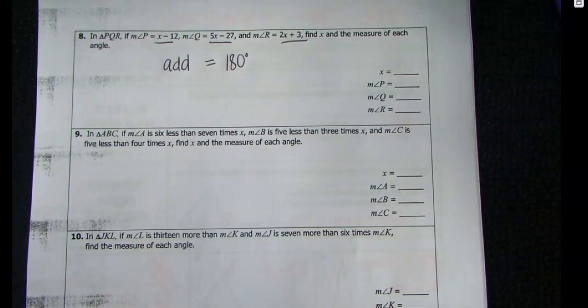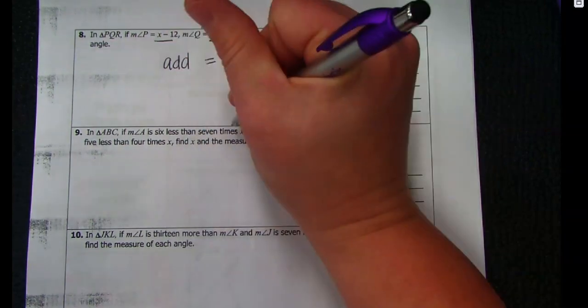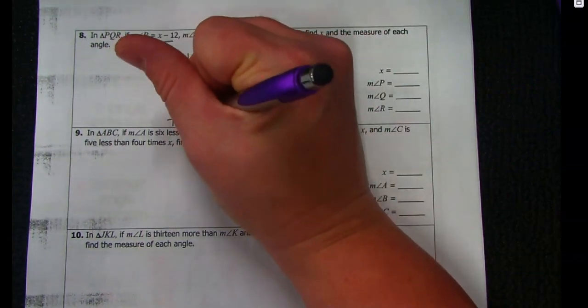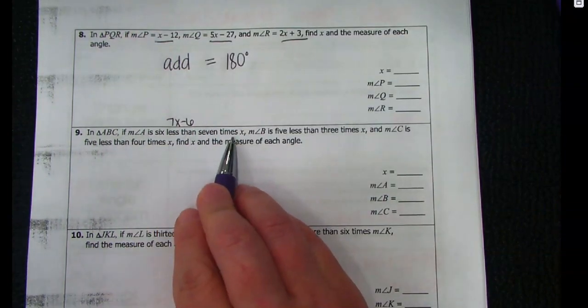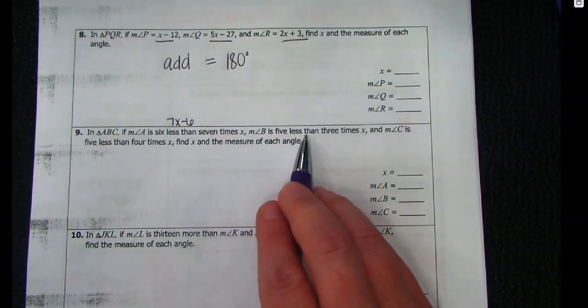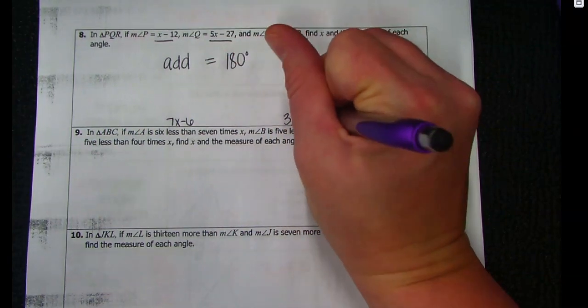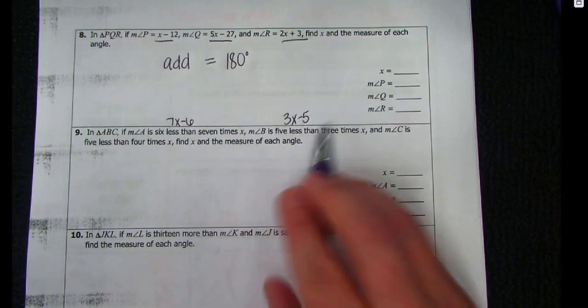Then we have number 9. Number 9 says in triangle ABC, if the measure of A is 6 less than 7 times x, so that would be 7x minus 6. B is 5 less than 3 times x, so that's 3x minus 5, because remember we multiply first, then we take that away, 5 less than.